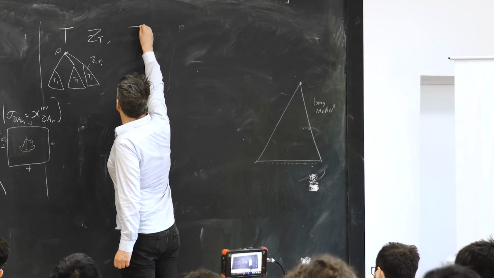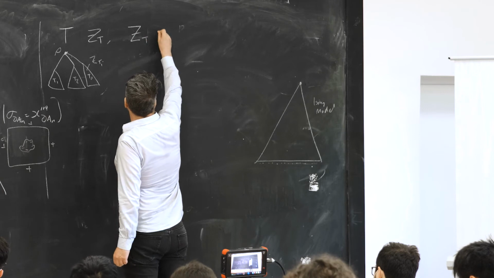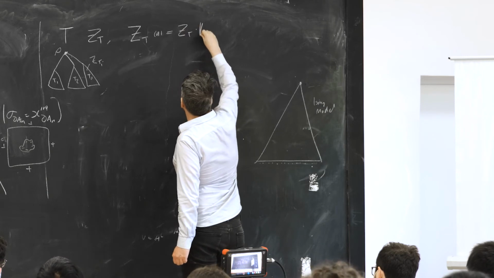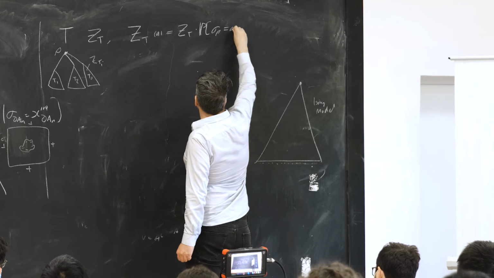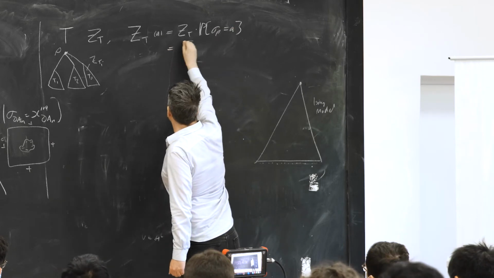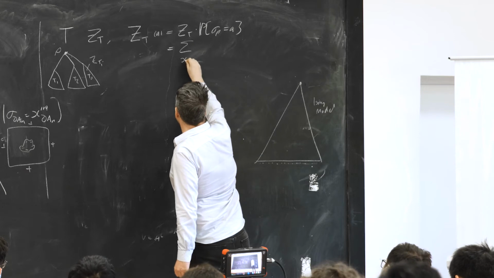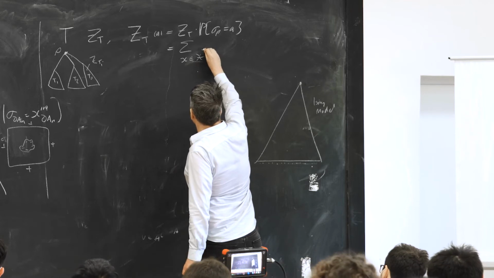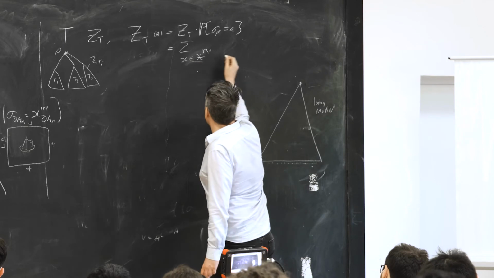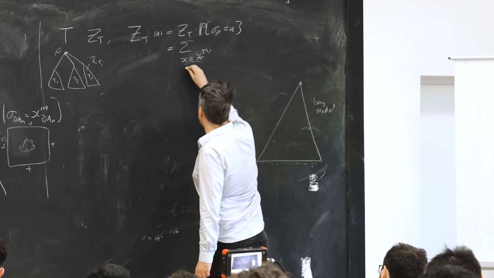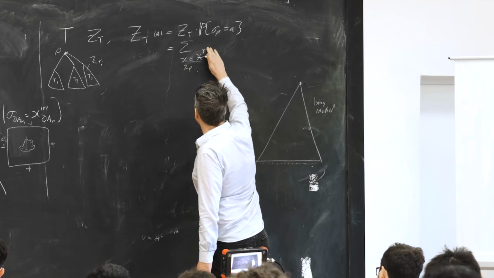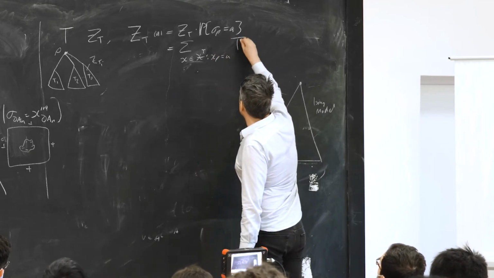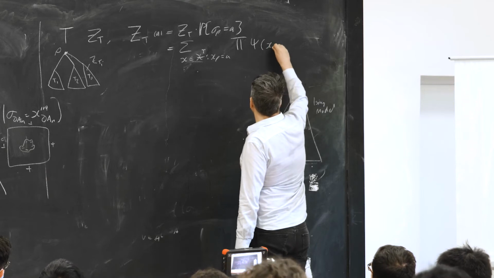And so let me write Z_T(A) as just Z_T times the probability that the root equals A, which is the same as summing over all configurations on all of the vertices except the root, or let's just say all configurations such that the root is equal to A, and then the product of psi(x_u, x_v).